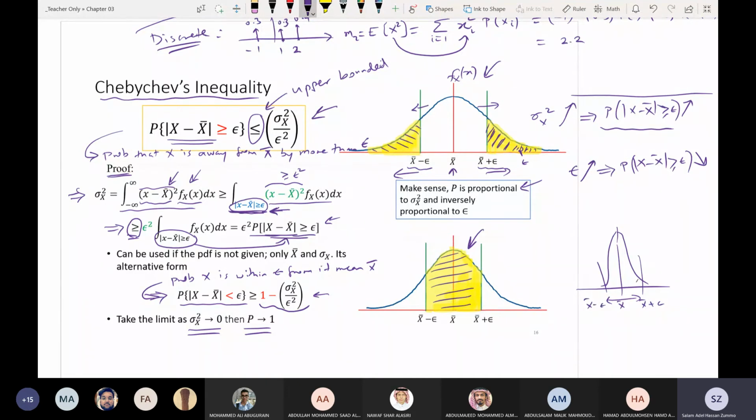This probability goes to 1. Why? Because it will encompass almost all the probability. So as sigma squared goes to 0, the PDF becomes narrower and narrower, focused around the mean.